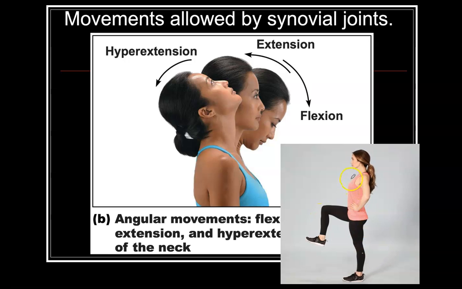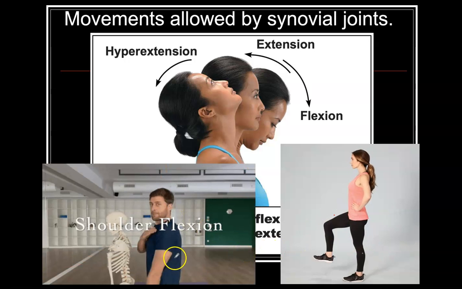Now here, as she decreases the angle between the trunk and her thigh, this is going to be flexion at the thigh, okay? So she's flexing, and then extending as she pulls them back. I like that one to really help you get flexion and extension because it's a little goofy on the leg.